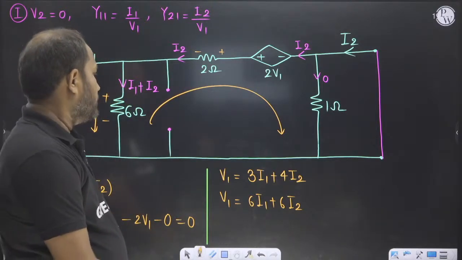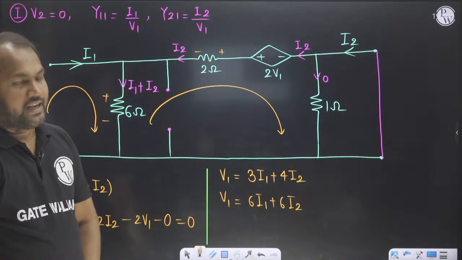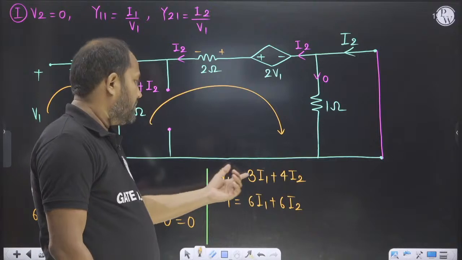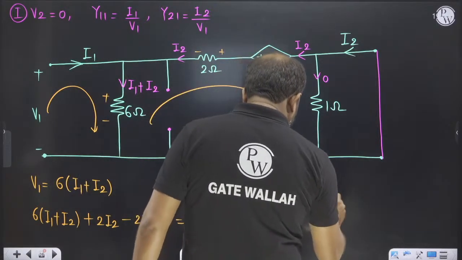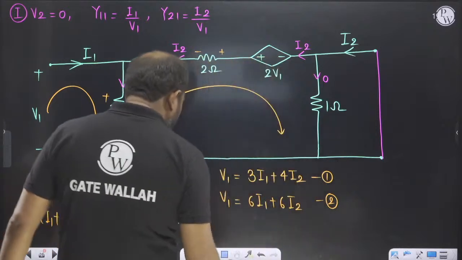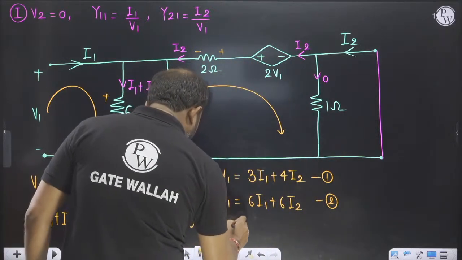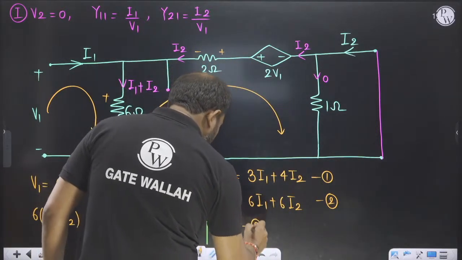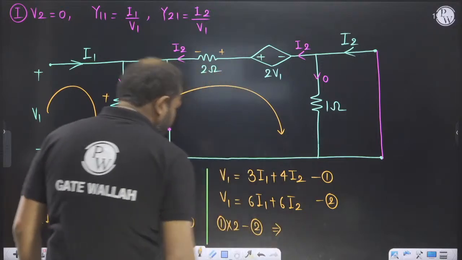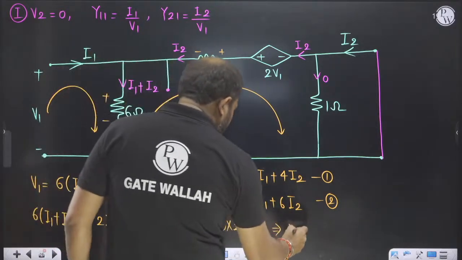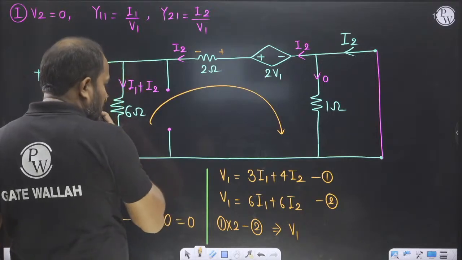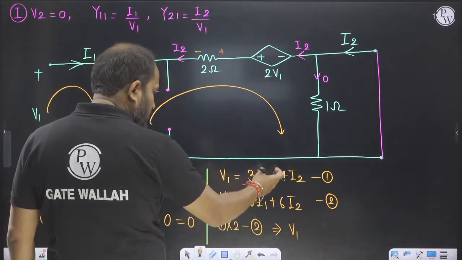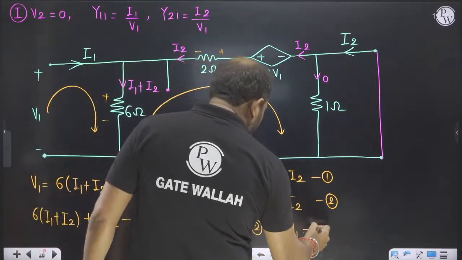So I can do one thing: I will multiply this by 2. So this is equation 1 and this is equation 2. Equation 1 multiplied by 2 minus equation 2 will result in 2 V1 minus V1, which gives V1 equal to 2 I2.